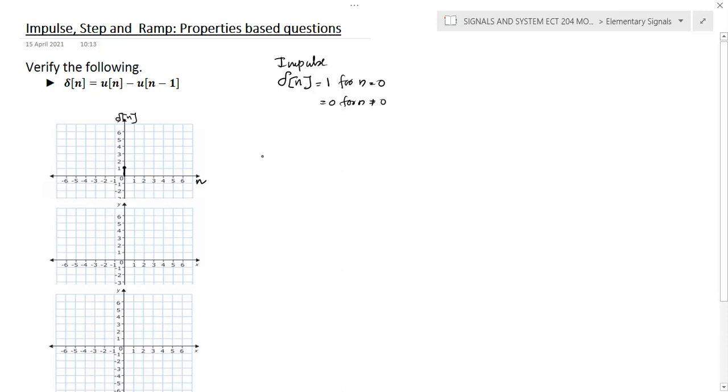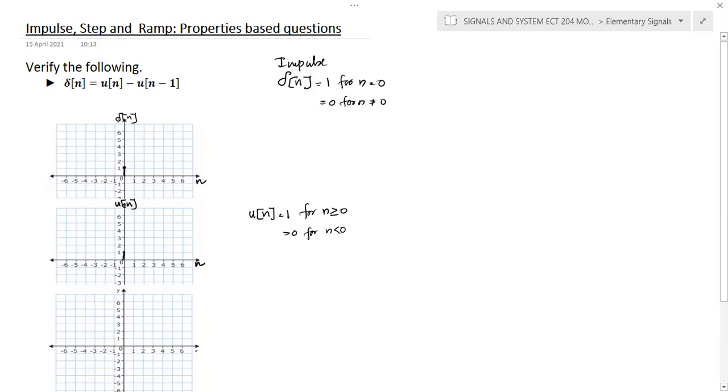Now u of n means u of n is equal to 1 for n greater than or equal to 0 and 0 for n less than 0. So if you draw the signal u of n for n greater than or equal to 0, the function magnitude is 1.